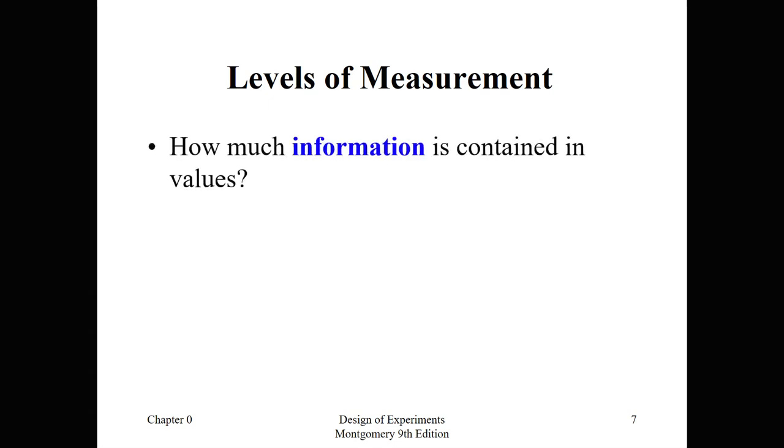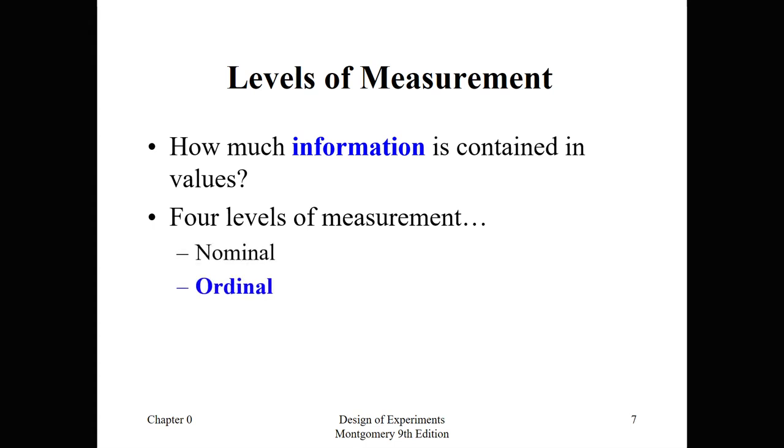So levels of measurement really indicates how much information is contained in each of the values. So there's 4 levels of measurement, recall. We have nominal, ordinal, interval, and ratio measurement, each indicating a level of strength that's present within the data.